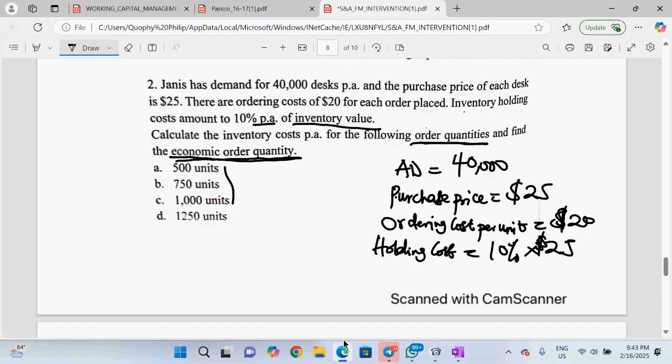Or 750 units each batch, or 1,000 units every time, or 1,250 units, each summing up to the annual 40,000?